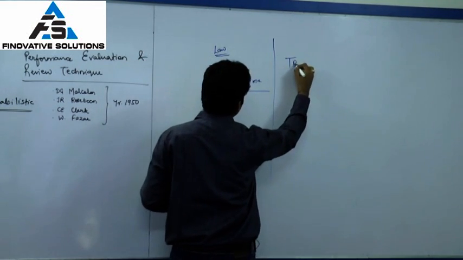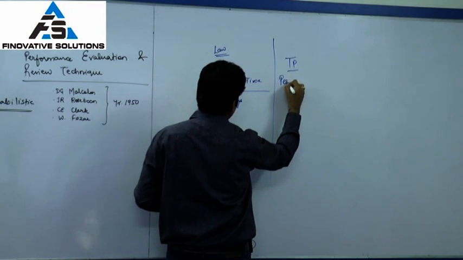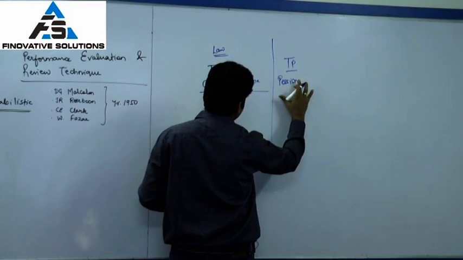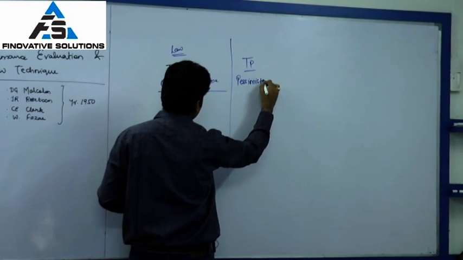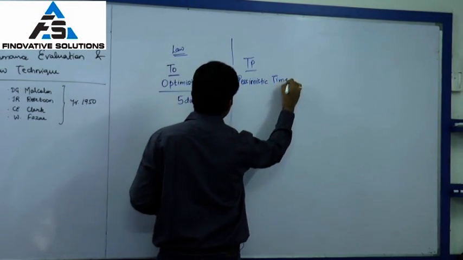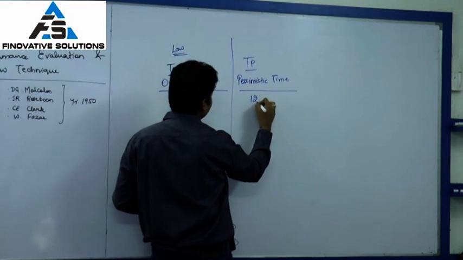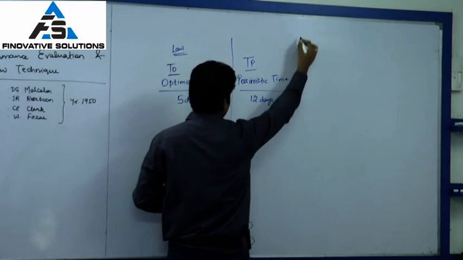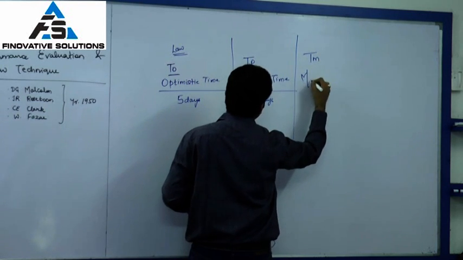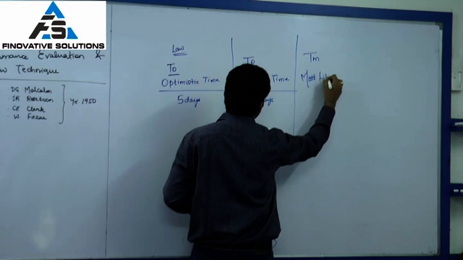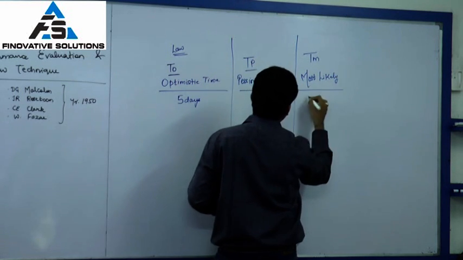Pessimistically, called TP, the pessimistic time, the whole project will be completed in 12 days. Whereas most likely, chances are that my project will be completed in 8 days.